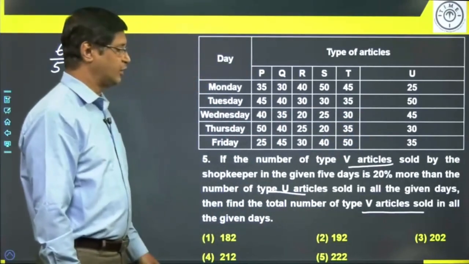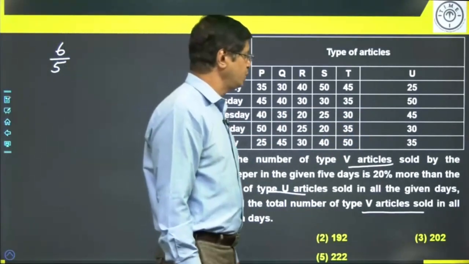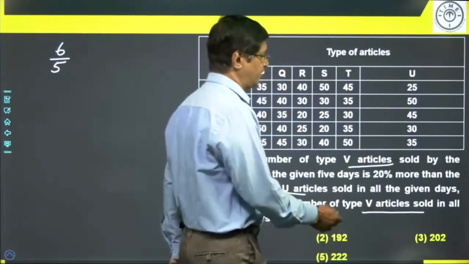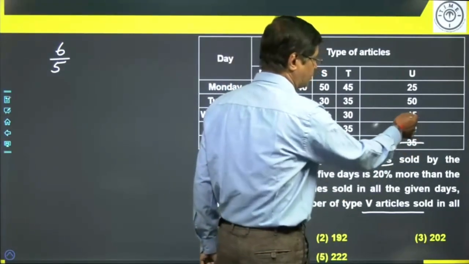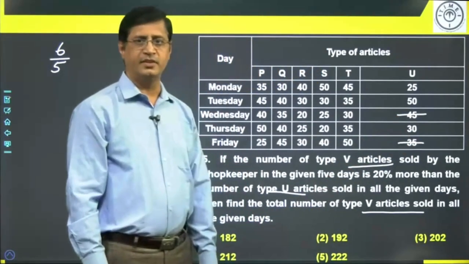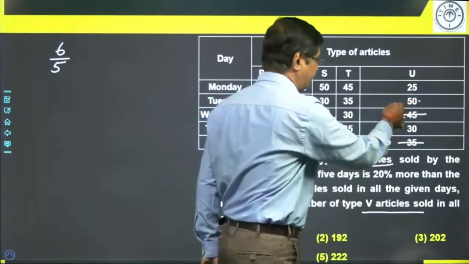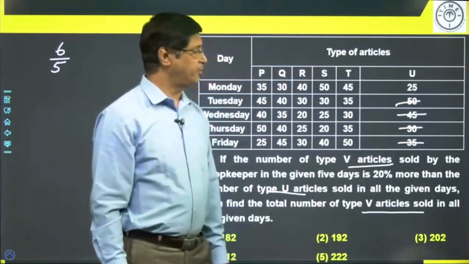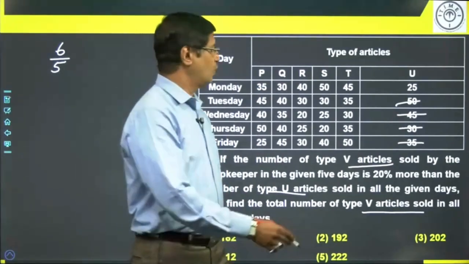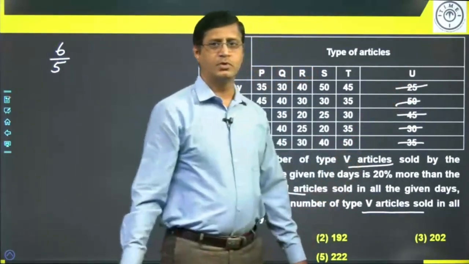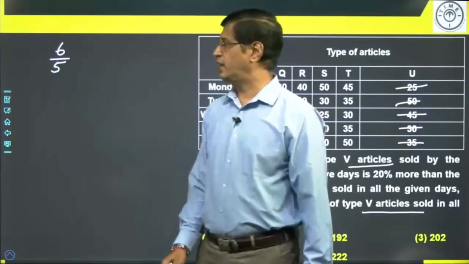Just add and simplify. 35 plus 45 is 80. The sum of these two is also 80. 80 plus 80 is 160. 160 plus 25 is 185.